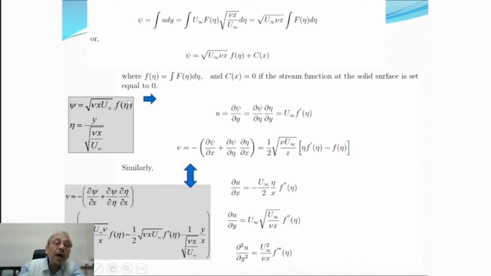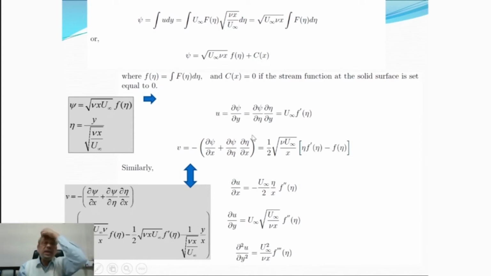We know psi, we know eta. From here we find del psi del x and del psi del eta into del eta del x, and then v finally produces half root over nu x by u infinity multiplied by the bracket eta f prime of eta minus f of eta.